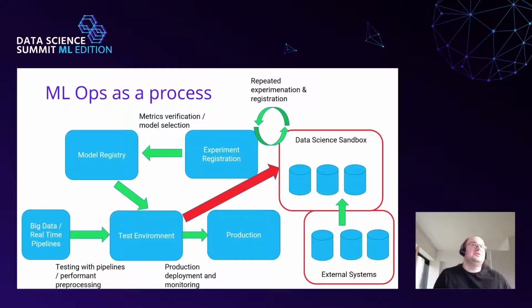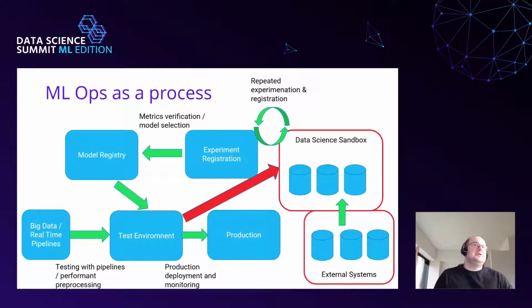The first thing we do is try to make sense of that data and construct some ML model that we are tasked with creating. And of course, this is a very iterative and repetitive process. We will have to do many, many trials before we can figure out the correct algorithm, or maybe we're not exactly going to get what we want, and we're just going to settle for the best of what we have, right? So in that part, we will need model registration.